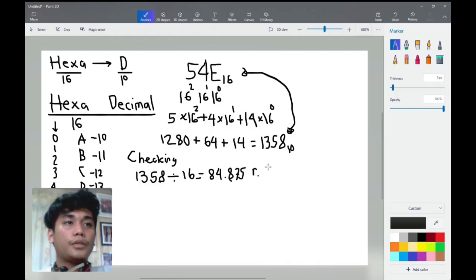Our remainder is 0.875 times 16, it's 14.